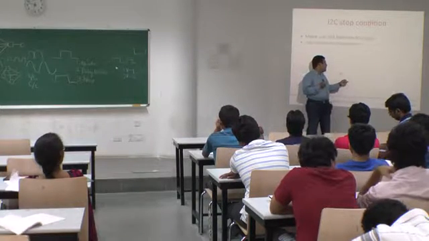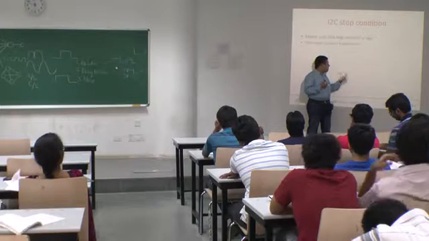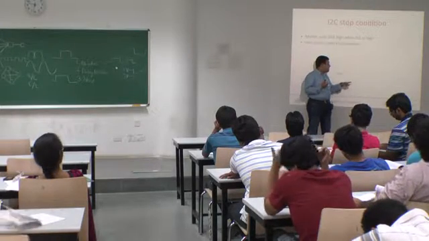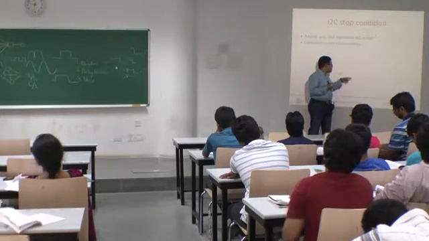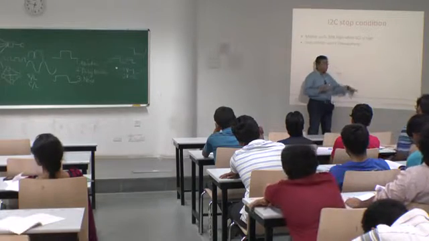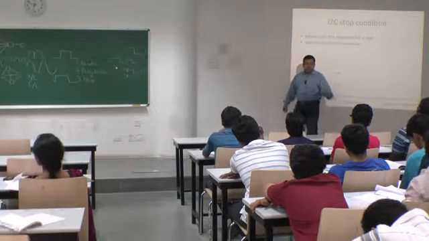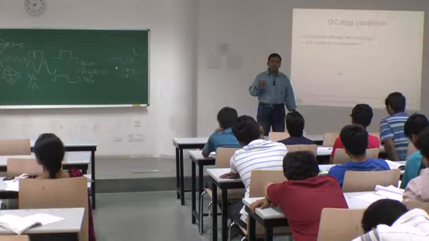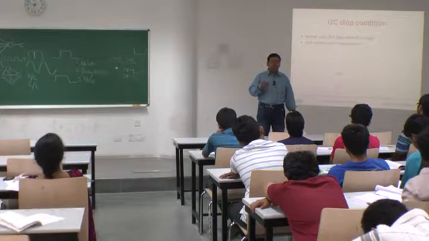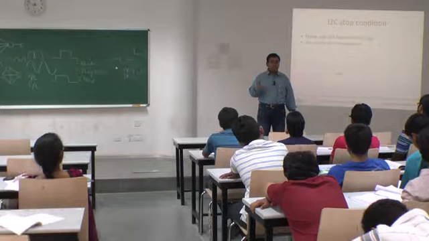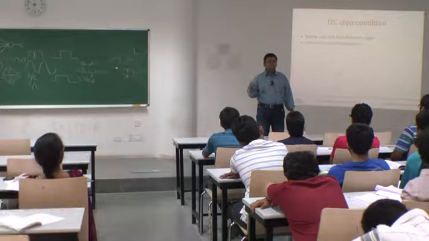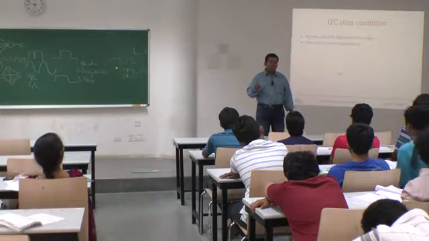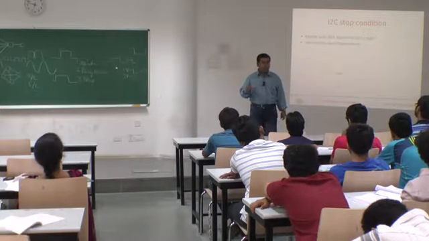When you had SDA going from high to low while SCL is high, over here SDA is going from low to high while SCL is high. So, any such data transition taking place when the clock is at logic high indicates initiation or termination of communication.